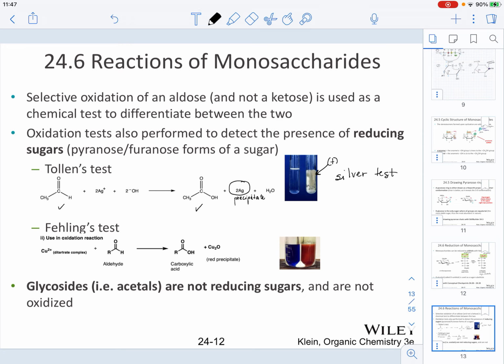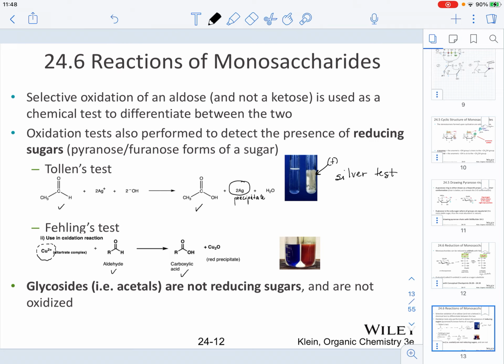Now, another oxidation reaction that can occur is specifically the one that is present in the Fehling's test. Conceptually, a Fehling's test is very similar to Tollens, in which we are going to be converting the aldehyde and oxidizing it to the carboxylic acid. The difference is that specifically for the Fehling's test, the complex that is utilized is going to have a copper 2 ion.